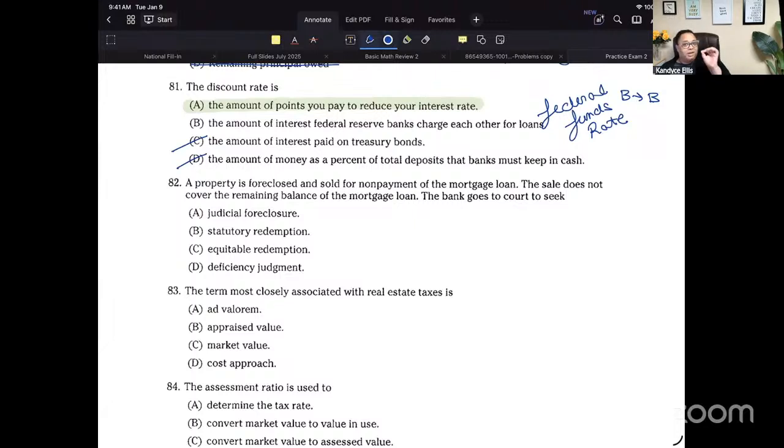But if a bank is borrowing money from the Federal Reserve, that's going to be the discount rate. And then the prime rate is the rate that, you know, like Apple would get if they're borrowing money. So yes, our answer is A.